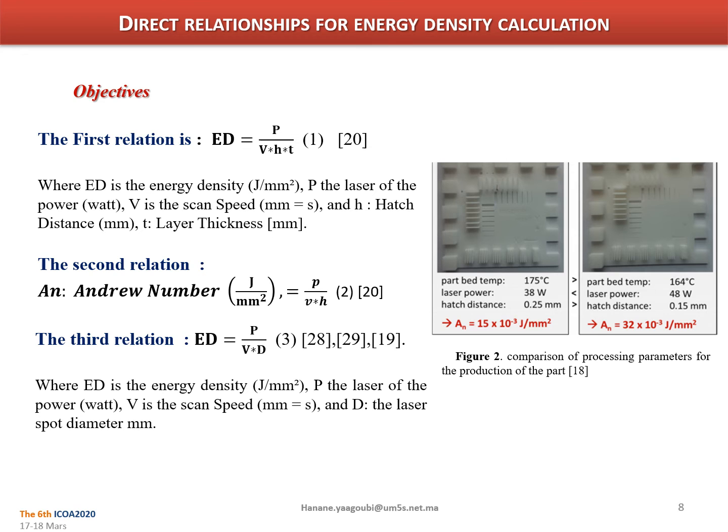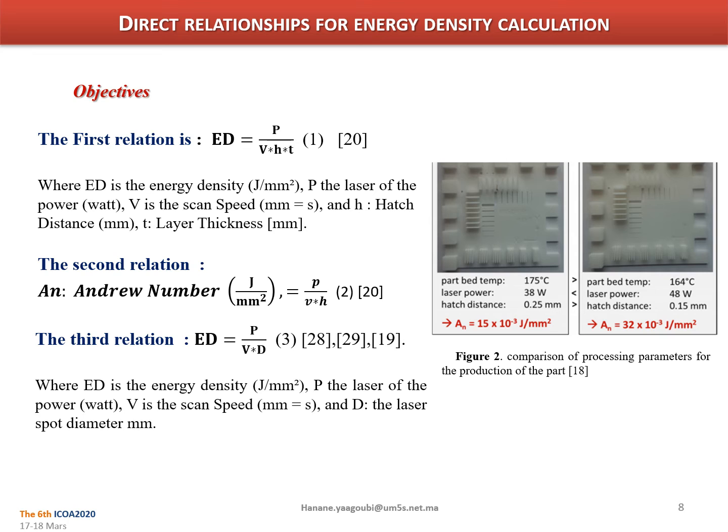So, in the bibliography, we found 3 different relations that can be used to calculate the value of the energy density. As you see, ED is the energy density, P is the laser power, V is the scan speed, H is the hatch distance, and T is the layer thickness.